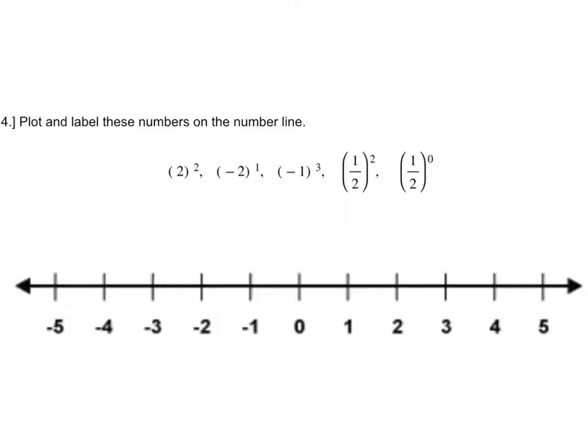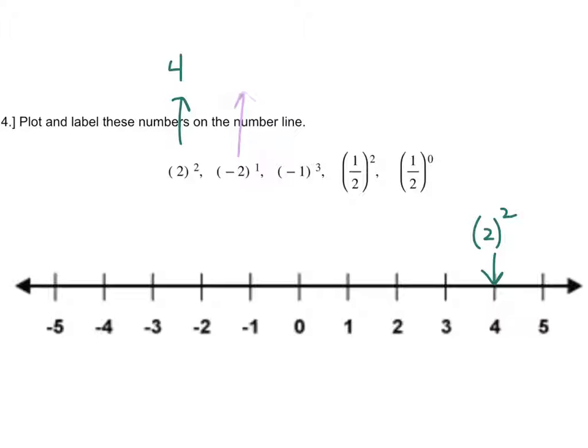Plot and label these numbers on the number line. To do this, I would evaluate each expression. So for the first one right here, 2 to the 2nd power, that equals 4 because it's 2 times 2. So on 4, I'm going to do 2 to the 2nd power because that falls exactly on 4.